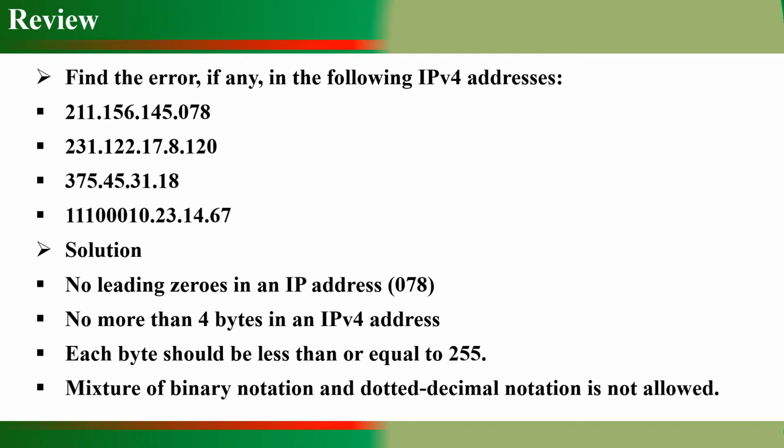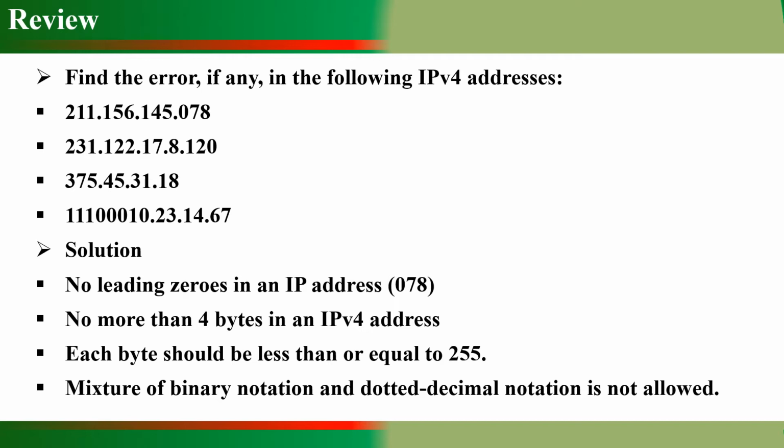Next address is 231.122.17.0.120. This address is also wrong because we should not have more than 4 bytes in an IP version 4 address, but it consists of 5 bytes.